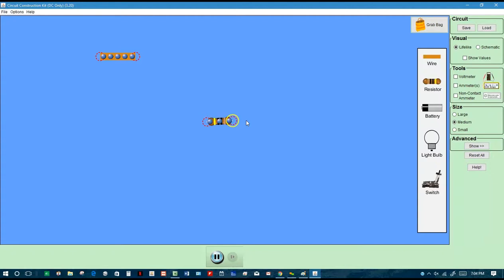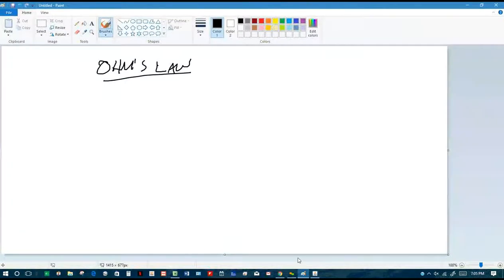Yeah. Okay. So what I'm going to do is set up a circuit with you, and it's known as a series circuit. So first, actually, I'll go back to the drawing and show you that a series circuit looks like something like this. You have a resistor right here.